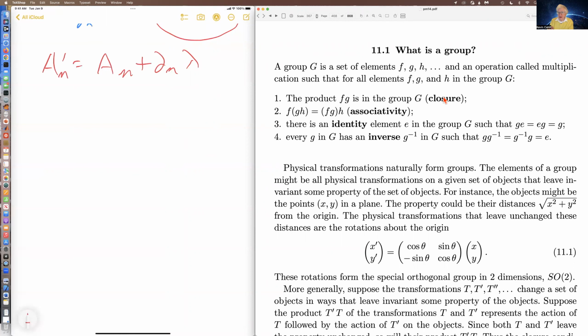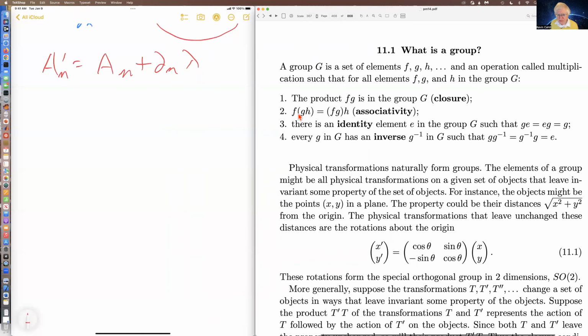And what characterizes a group is that the product, which again could be a sum or something else, the operation F operation G, is in the group, and so it's easier to think of it as multiplication. This is called closure. Moreover, F times GH is the same thing as FG times H. This is called associativity.